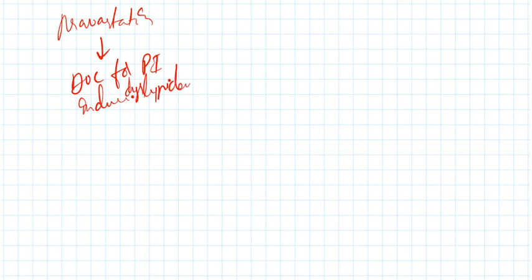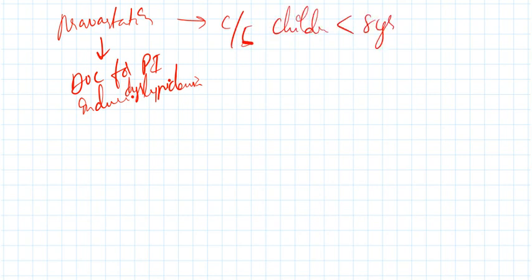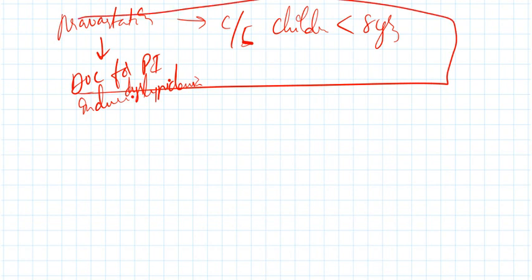Remember, this statement is very important. And pravastatin is contraindicated in children less than 8 years. This is an important statement. While solving a clinical MCQ, always check the age groups, because statins have some serious contraindications.